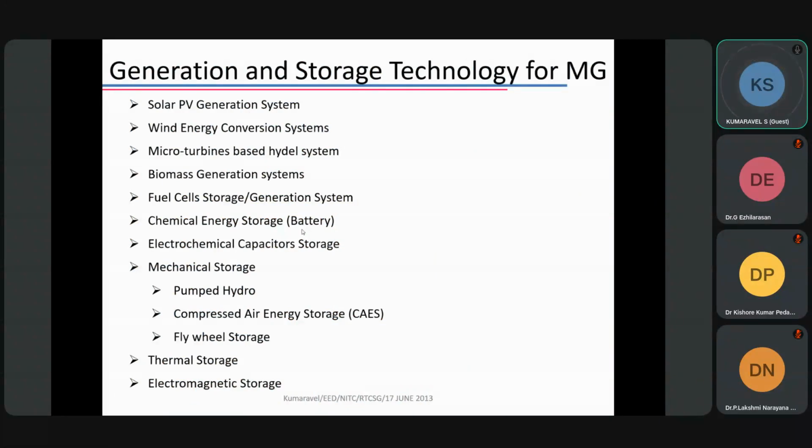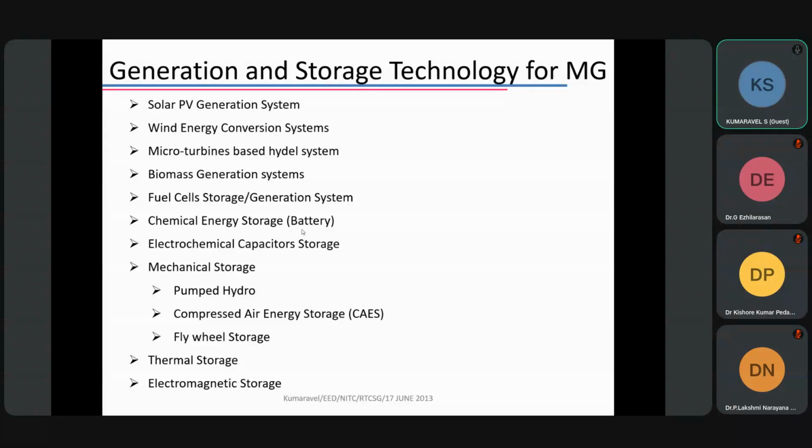Now we are moving to renewable energy sources. Not only renewable energy sources, there are many storage technologies also combined with the renewable energy sources that complement each other. Why is storage important? If you have only solar PV, we cannot succeed.